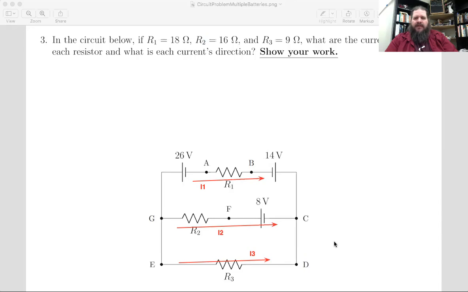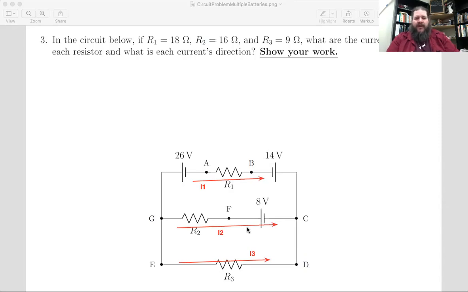You can choose any direction you want to call positive. In fact, you could say I1 and I2 are to the right, I3 is to the left or something, as long as you're consistent about it throughout the entire problem. You don't want to change which direction you're calling positive partway through the problem.